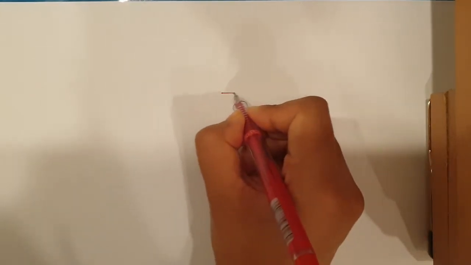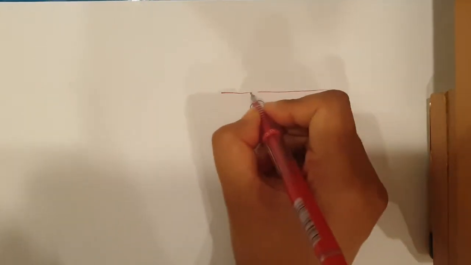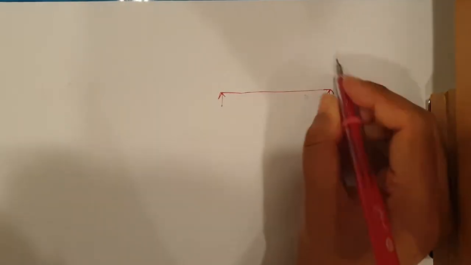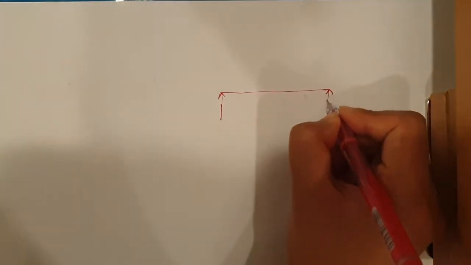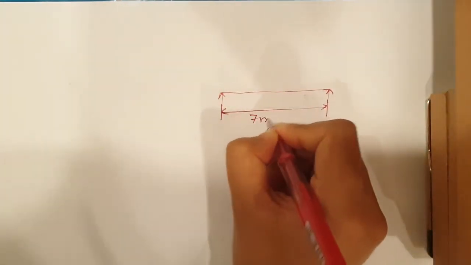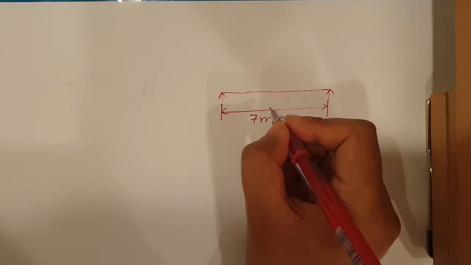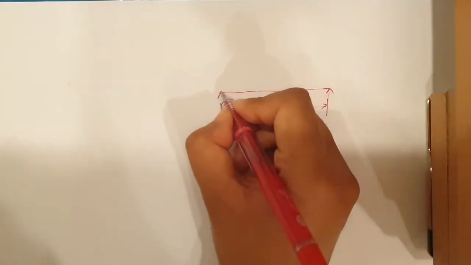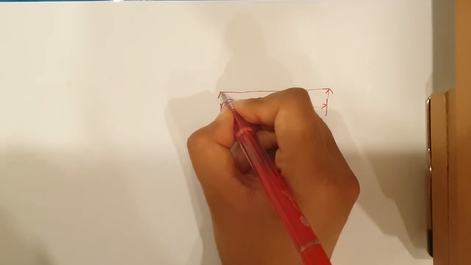Let us draw the diagram. It says a simply supported beam, and its length is 7 meter, it is given, and UDL of 2 kilonewton per meter over a span of 4 meter from left hand side.